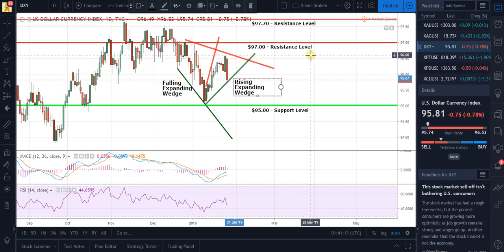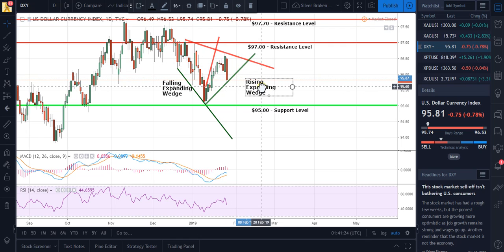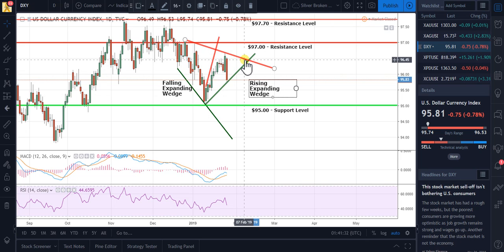And as far as what I called last weekend, it was for the dollar to move sideways, and that's really all it's doing. It's breaking patterns left and right, but it's really just moving sideways, and that's really what we can expect more out of the dollar.